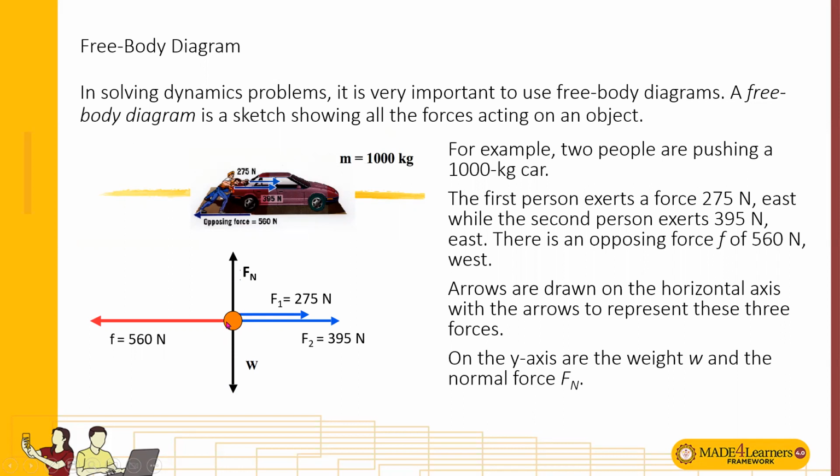But since we have different magnitudes of the forces along the x-axis, there must be a movement along the x-axis, because there is a net external force, or what we call unbalanced force.